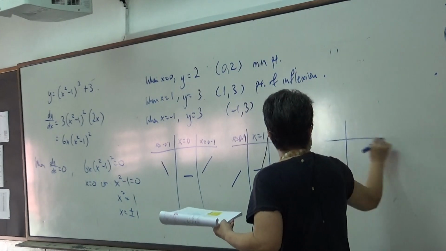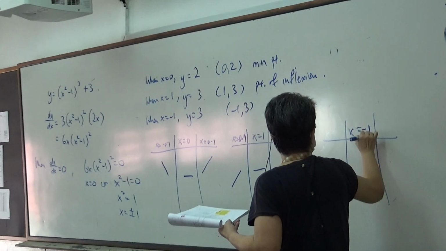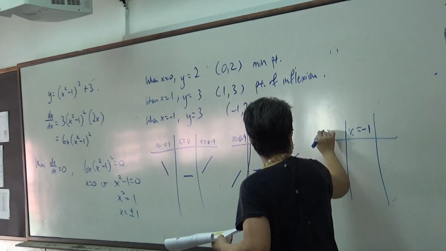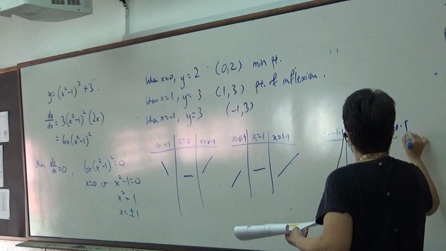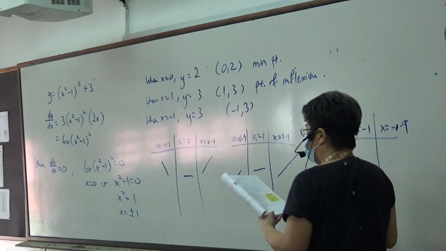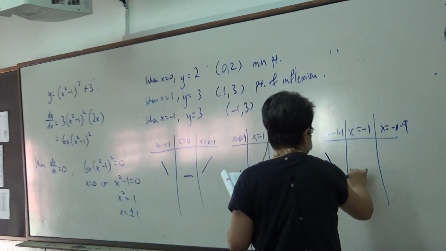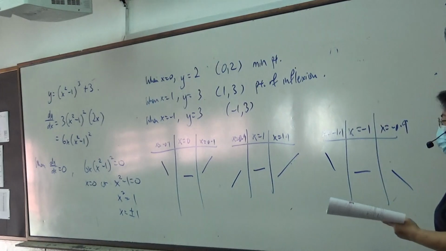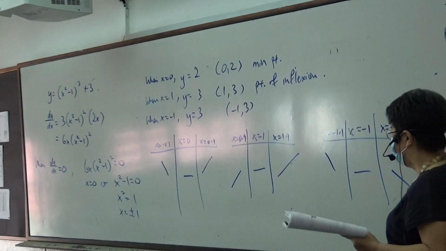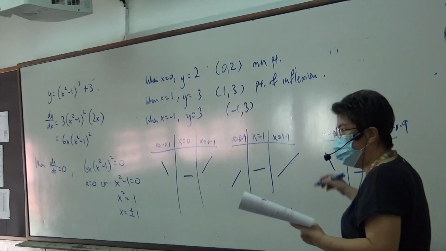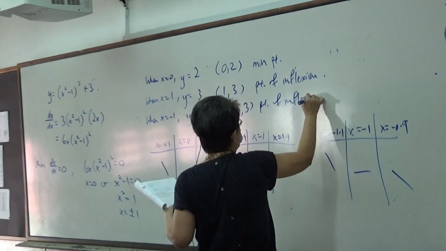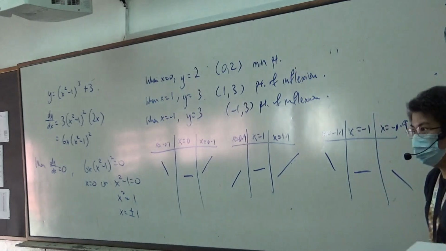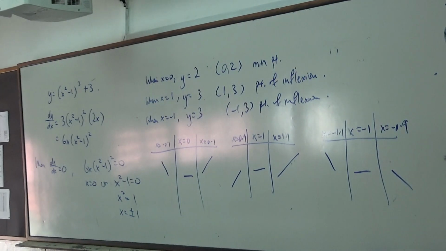Now the last point, negative 1. Slightly less is negative 1.1, slightly more is negative 0.9. What is this? Again, a point of inflection. Everybody clear?